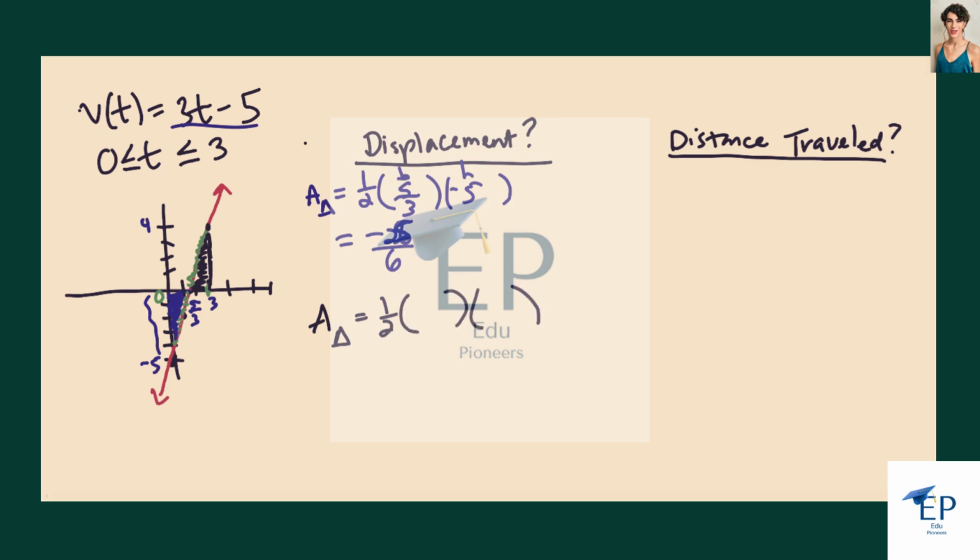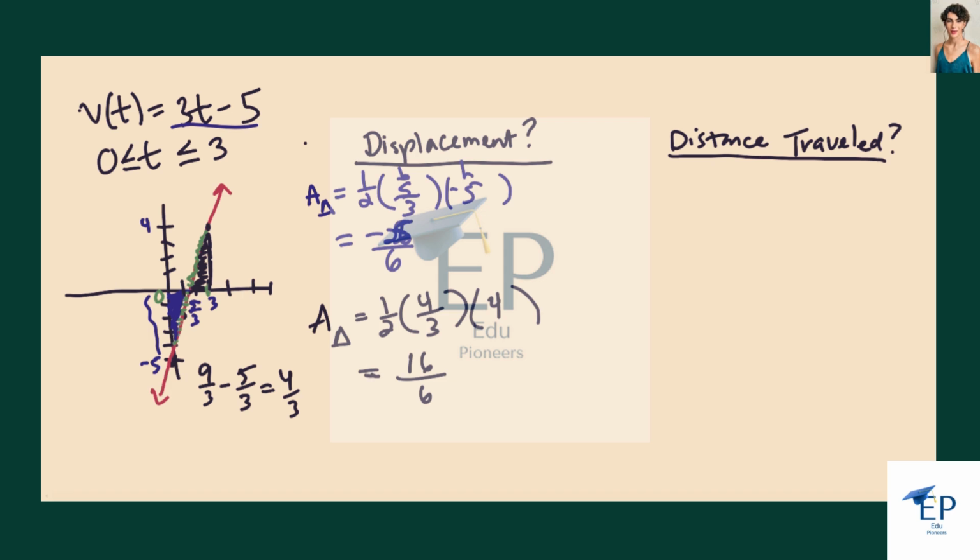So the base would be 3 minus 5/3, which is 9/3 minus 5/3, which is 4/3. The base is 4/3 and the height is going to be 4. So that is 16 sixths total.